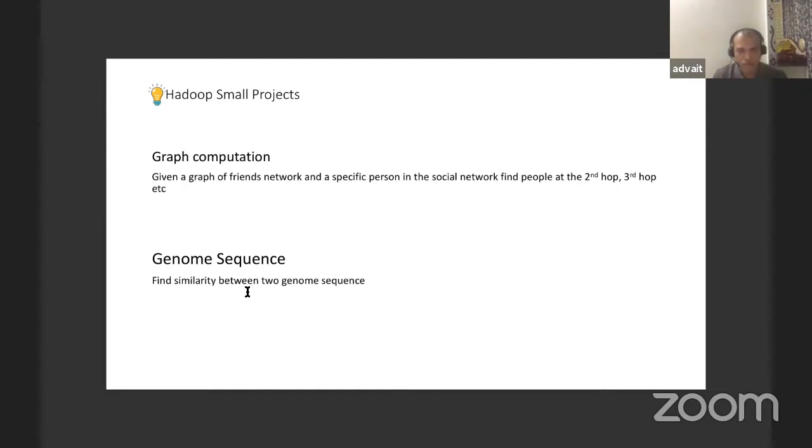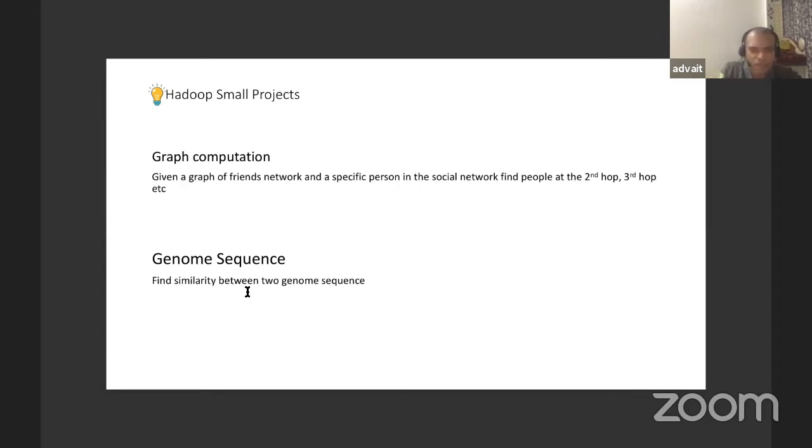So if you compute the memory requirement for this large matrix, you'll have to multiply 10 crore by 10 crore, and it's simply not possible to store the whole matrix even on several machines. And the computation is even more intensive. So this is where Hadoop can help you to compute the second hop, third hop people, etc.